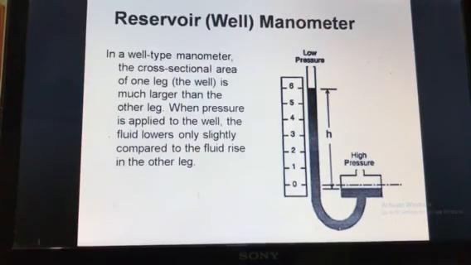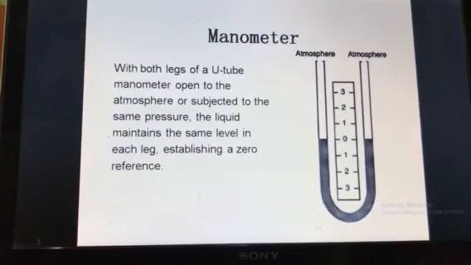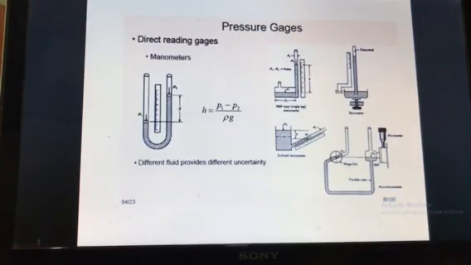The differential manometer is used to measure the pressure drop across a section, meaning the pressure drop between two points. We use the differential U-tube manometer. So in this way we have revised our first unit, in which the first chapter was properties of fluid and the second chapter was pressure and its measurement. Okay, thank you.